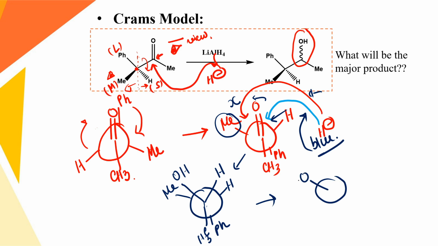So this is the OH here right now, this is the H, and this is the Me. So the Ph will come back here, the Me will come back here, and H will come back here. So this H is Nu.